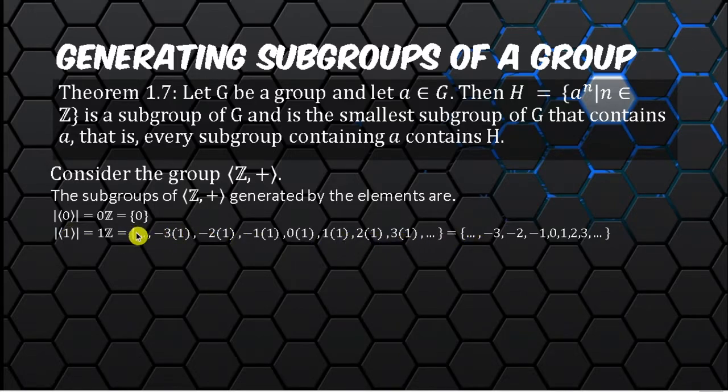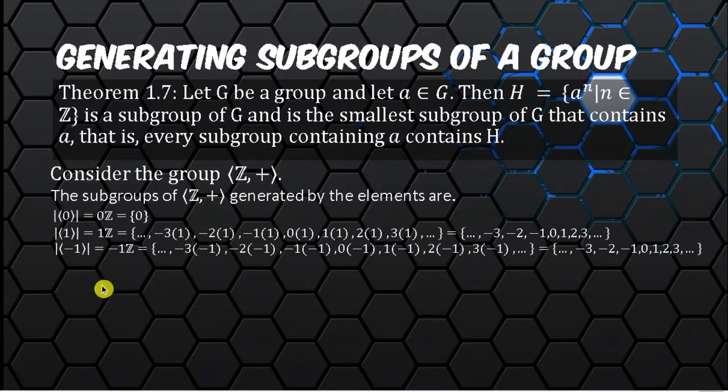This is actually 1 times Z. And the result is this set. Actually, if you look at this set, it's just the same as Z. Tama? It's exactly the same as the group.